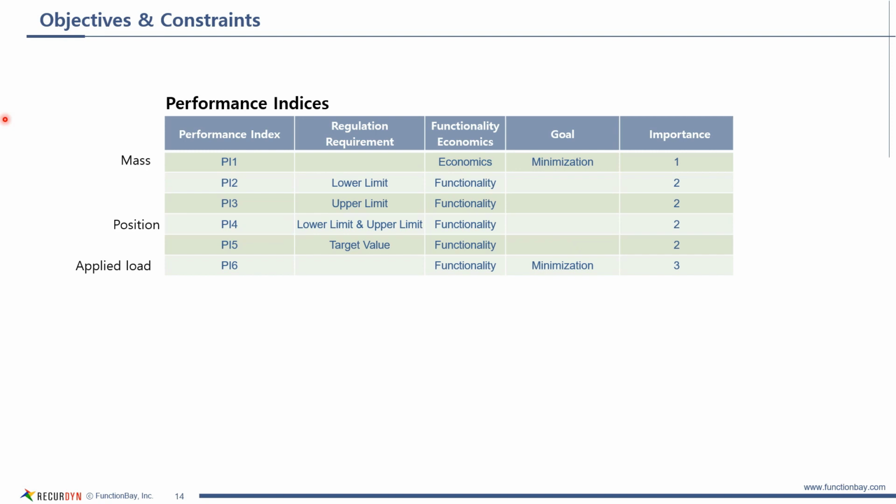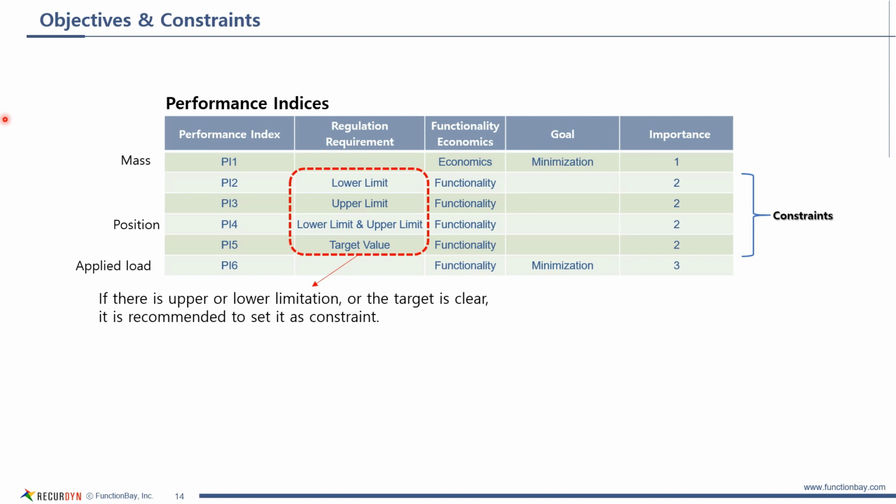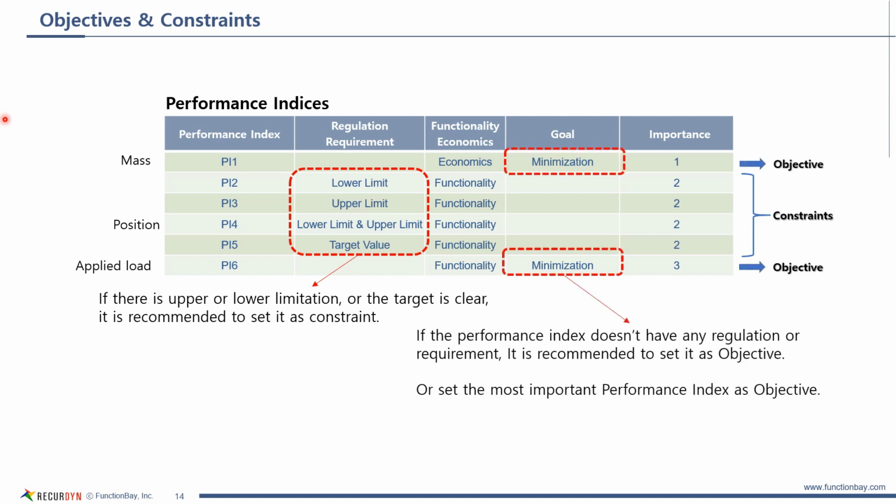From the performance index list, we can further classify them into objectives and constraints. First, the performance indices that have apparent conditions or targets are set as constraints. Then, indices whose targets are maximization or minimization are set as objective functions. Since it is recommended to use as few objective functions as possible, you may consider changing some objectives to constraints.